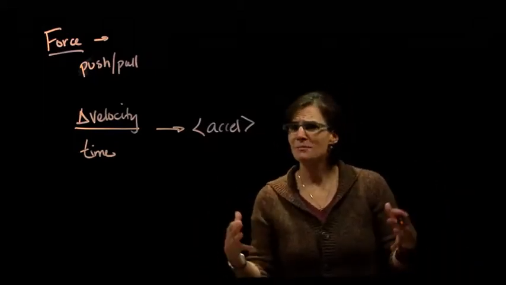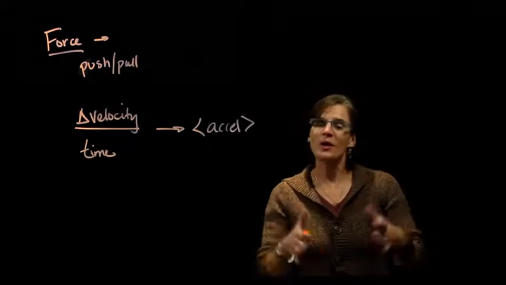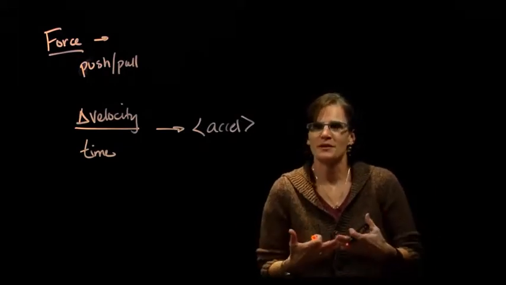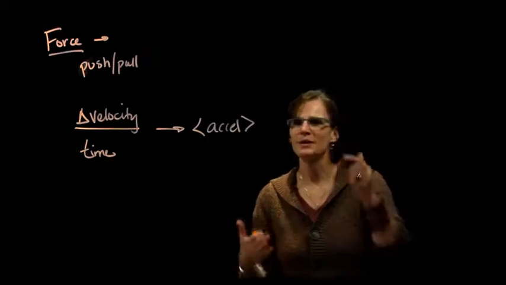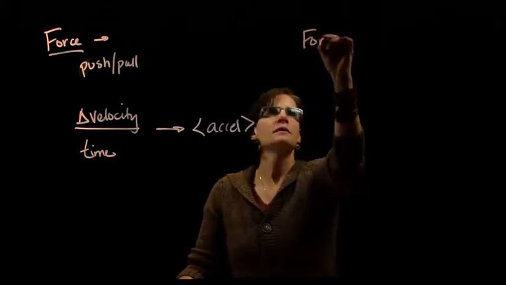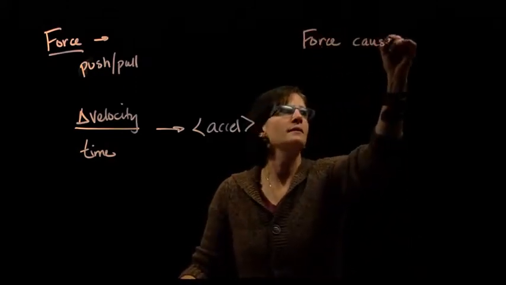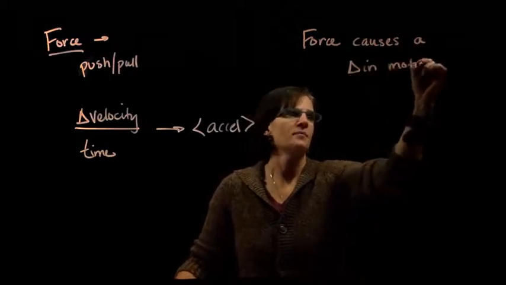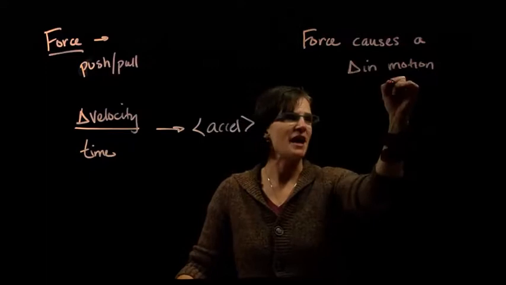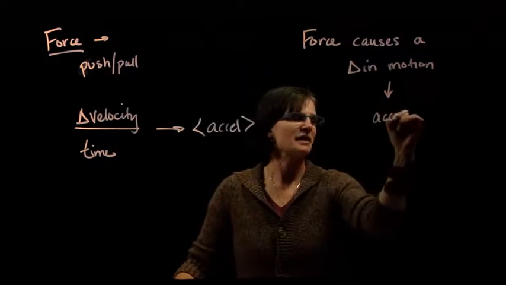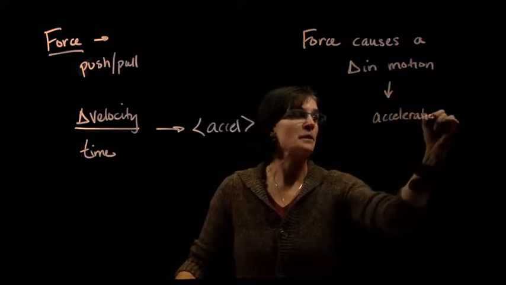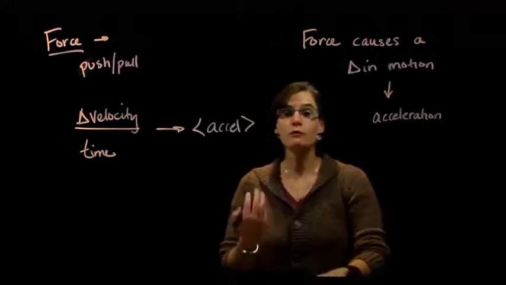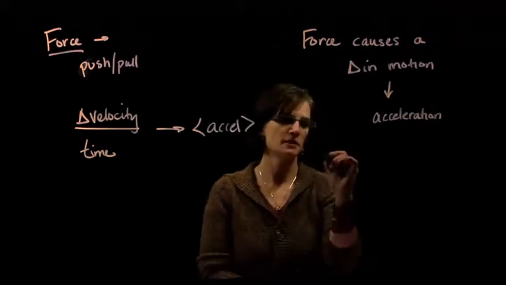Now, that might seem very intuitive, but what I want us to be very careful about is that we always remember that it requires a change. So let's write that down: a force causes a change in motion. And we know there's a way to describe that. That's an acceleration. When we learned about acceleration, we learned that it could be speeding up. So a force could cause an object to speed up.